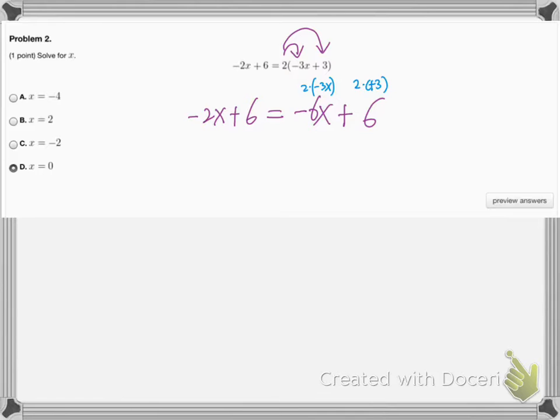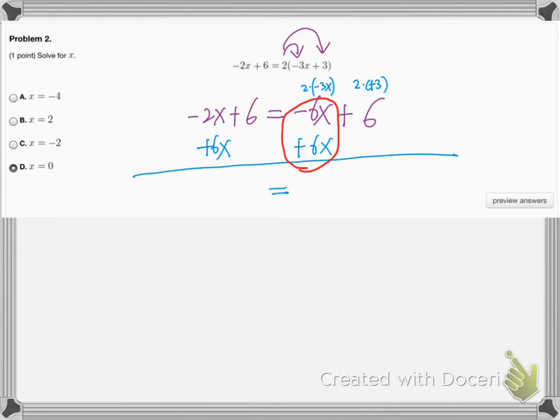And then we cancel x terms, or move x terms to the left, move numbers to the right. So plus 6x on both sides. So we cancel the x term on the right hand side.